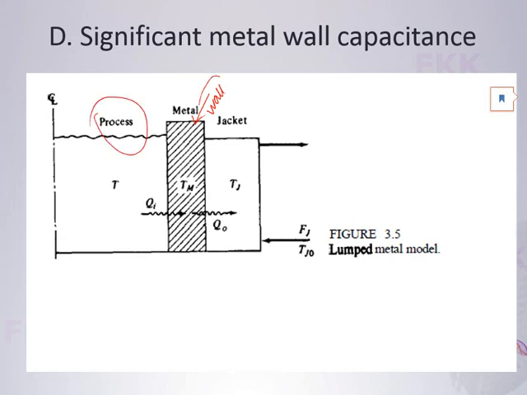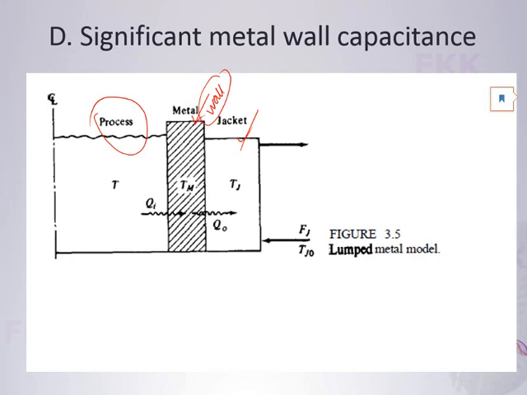So this is the wall, and this is the jacket. So in this case, from last week's class, we are saying that this is a non-isothermal CSTR, meaning to say that there's a reaction occurring in the process fluid, and we have looked into 4 types of modeling that you can actually adopt.